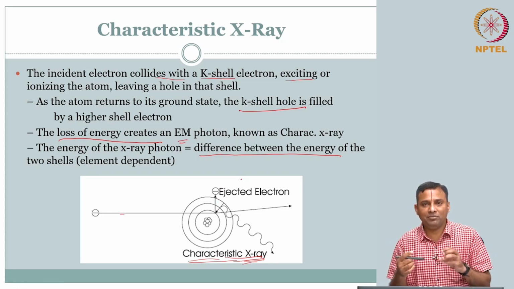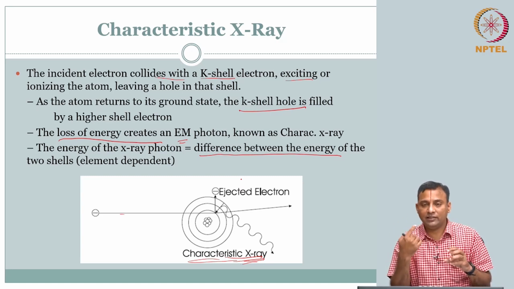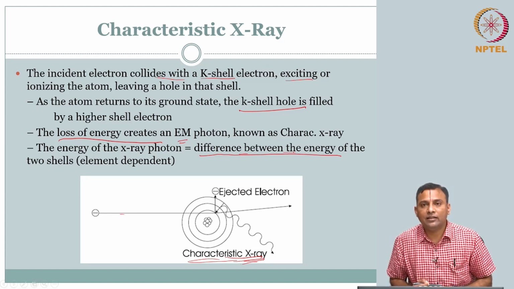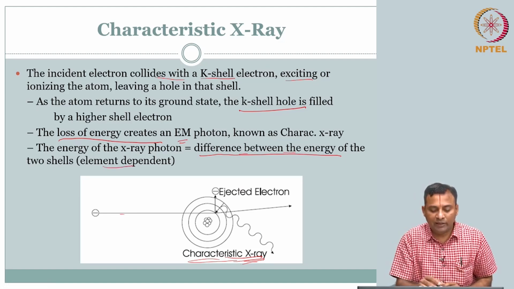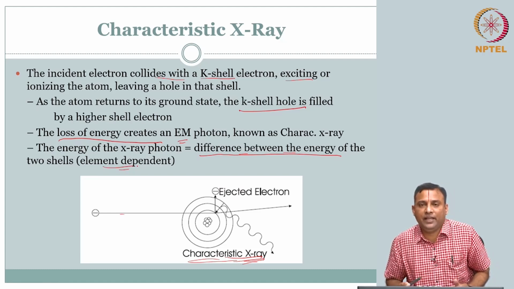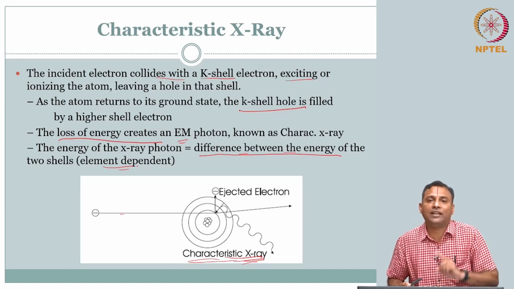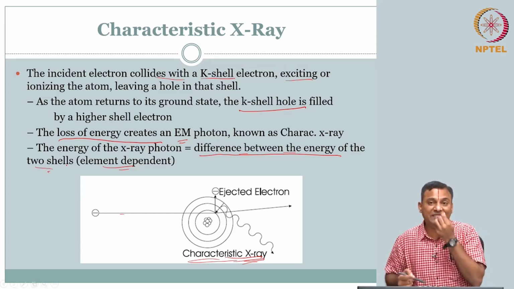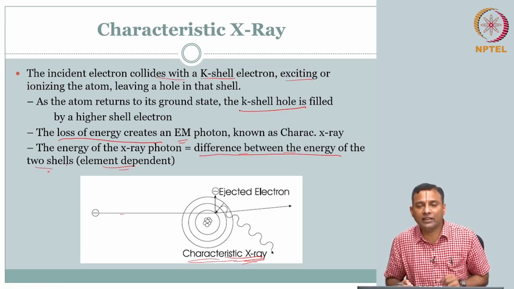For a given atom, if I know the binding energies at respective shells, then perhaps if I know the energy that is coming out, and that happens to be a difference between the energy of two shells, then in other words, it is actually element dependent. Then I can identify that element from the energy. So, it is characteristic of that atom. It is characteristic of these two shells that are involved in rearrangement. That is why it is characteristic X-ray.